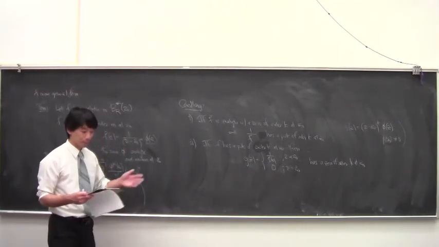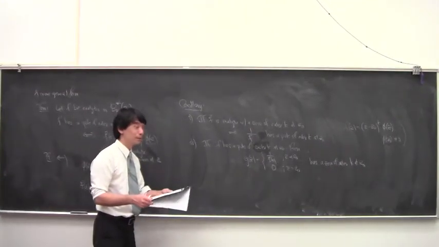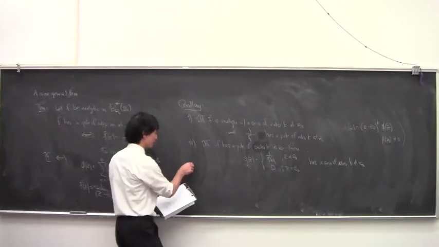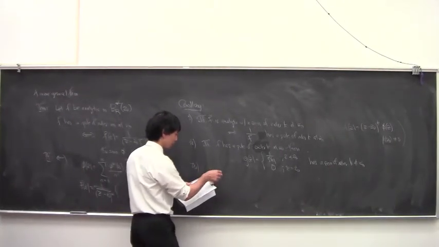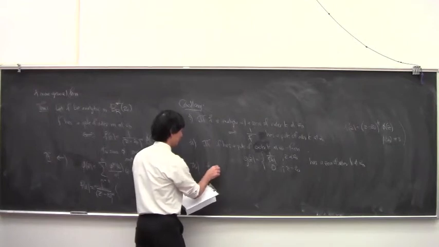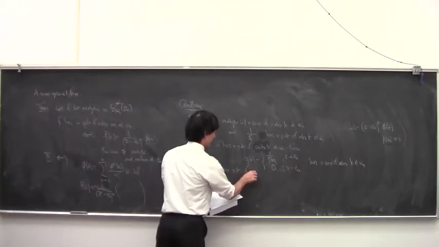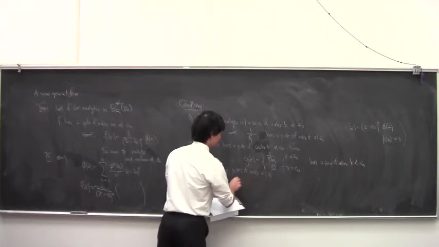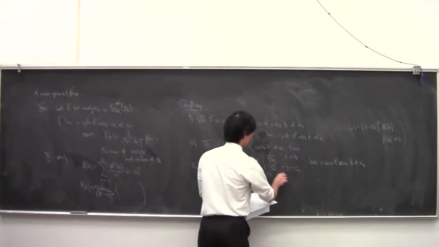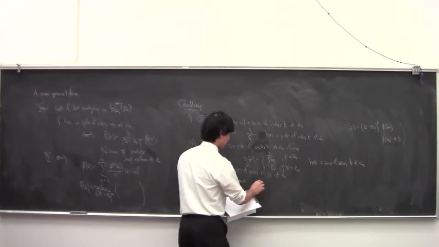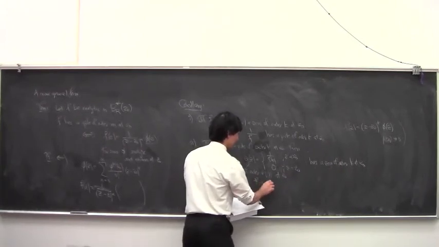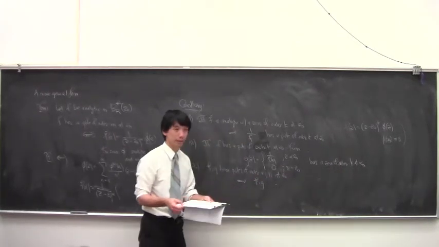Okay. And then there are a bunch of more straightforward observations that you can make. If f and g have poles of order m and n at the same point, then the product has a pole of order m plus n.